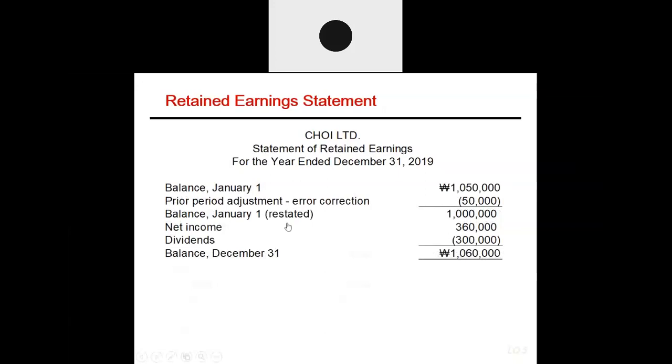Sorry, the prior period adjustment will be the error correction, which is the 50,000 of inventory that is overstated, so you have to minus 50,000. Then you get the beginning balance of retained earnings that has been restated, which will be 1 million. Then add the net income of 360,000 minus the 300,000 dividends, so the ending retained earnings will be 1,060,000.